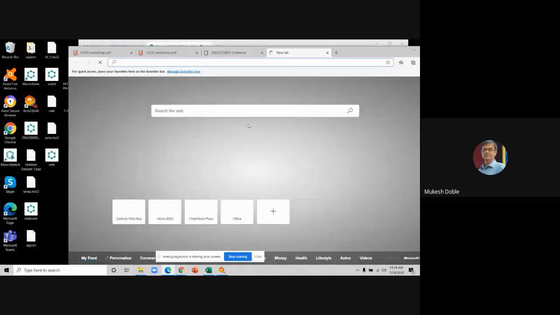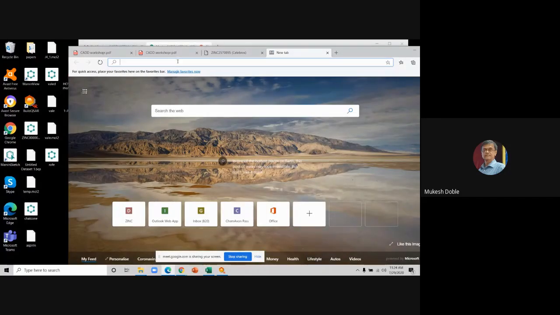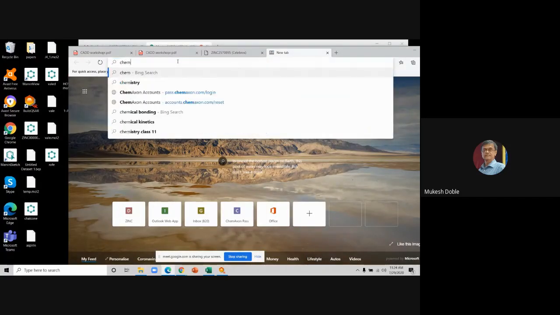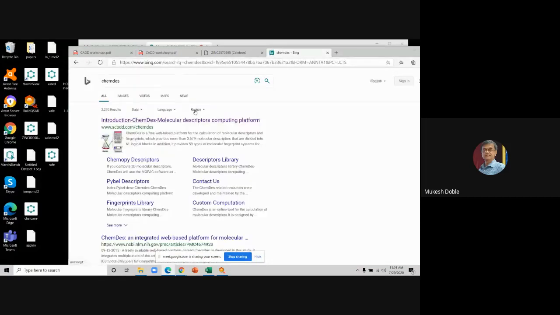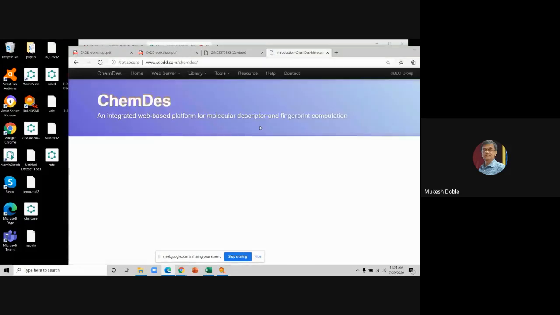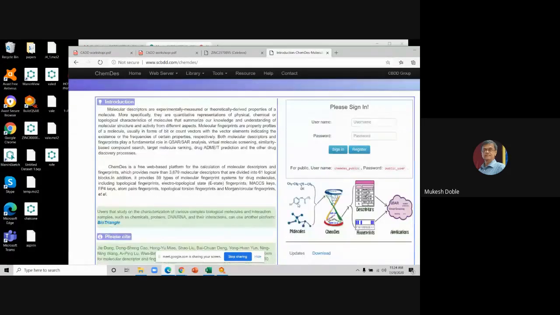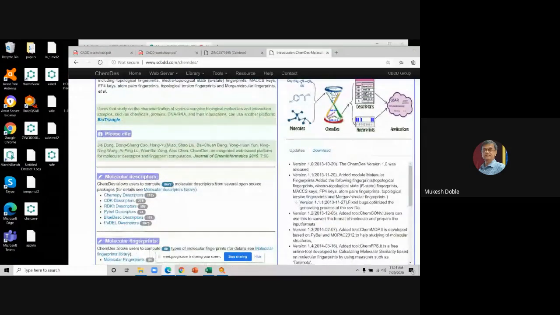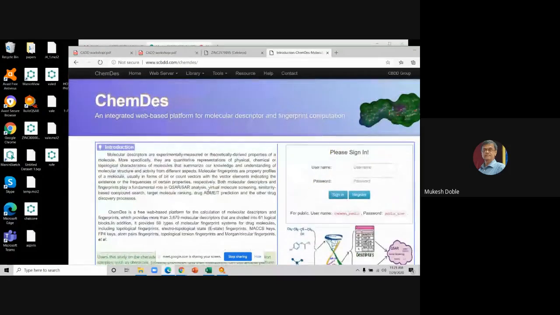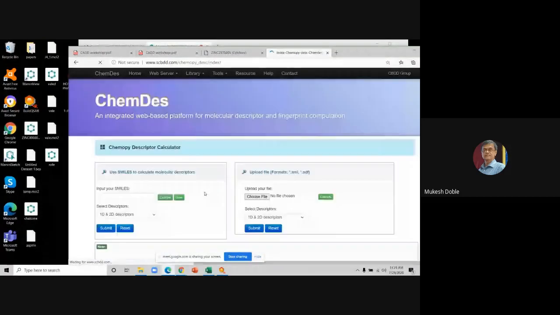So I'm looking at the descriptors given in ChemDes. It's got quite a lot of descriptors. Okay, ChemDes, so I can say calculate descriptors.